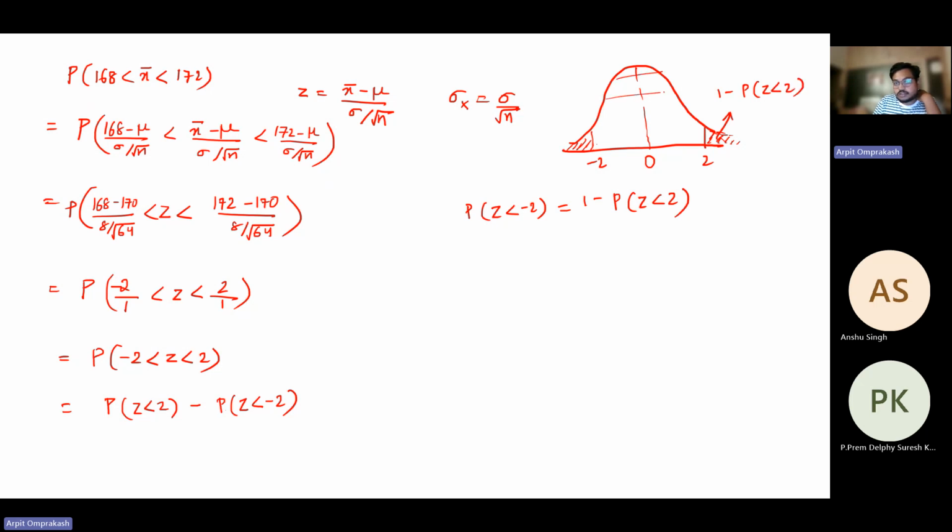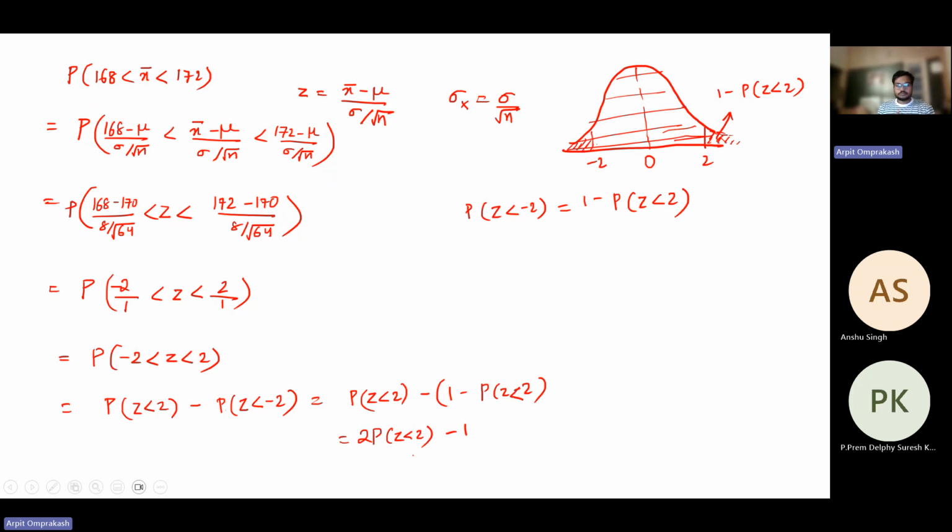So this whole part is the probability that Z is less than 2. So 1 minus that will give us this area, which is equal to this area. So now if we put that into our formula, we get the probability that Z is less than 2 minus 1 minus the probability that Z is less than 2. So it's 2 times the probability that Z is less than 2, minus 1, right?